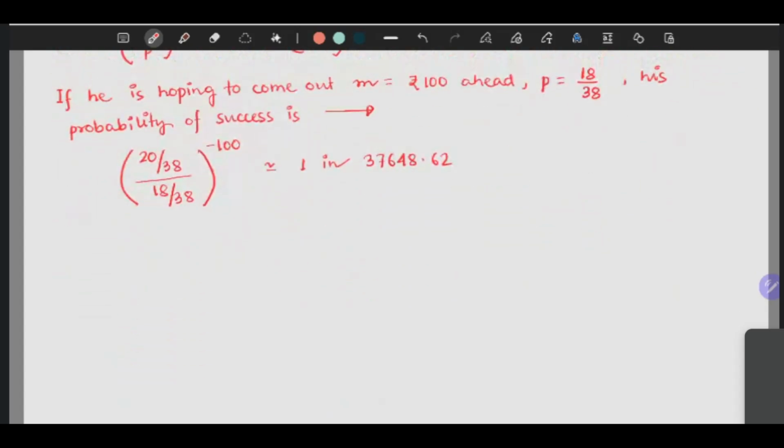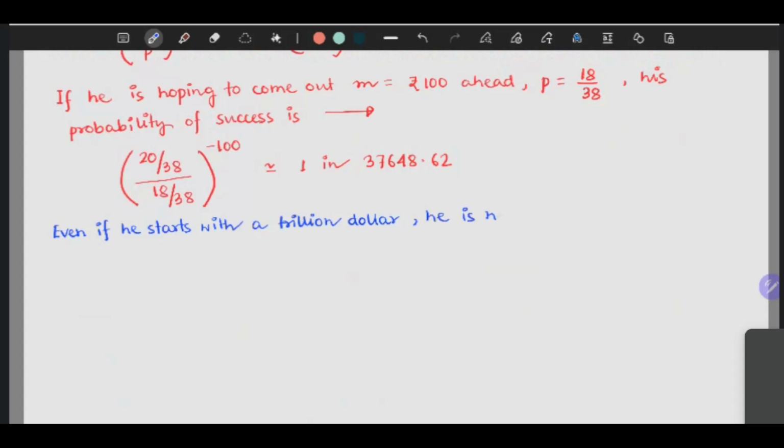So even if he starts with $1 trillion, he is not likely to ever get ahead by 10 trillion rupees, let me write it.